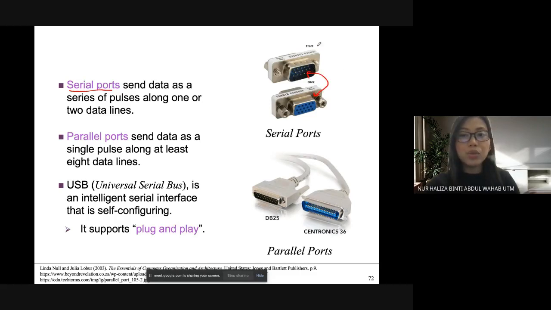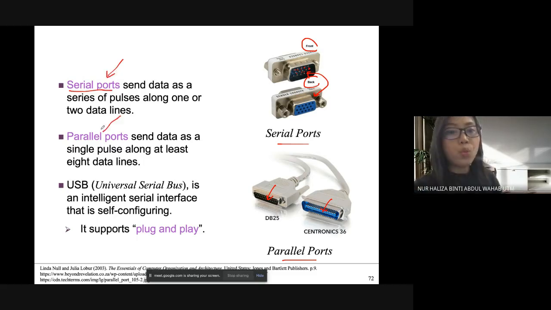So you need to know this is the front, this is the back, and what the connections are, female, male, and then also the parallel port. Normally it's also quite similar, but the number of pins available is different. So you need to differentiate which one is the serial port and which one is the parallel port.